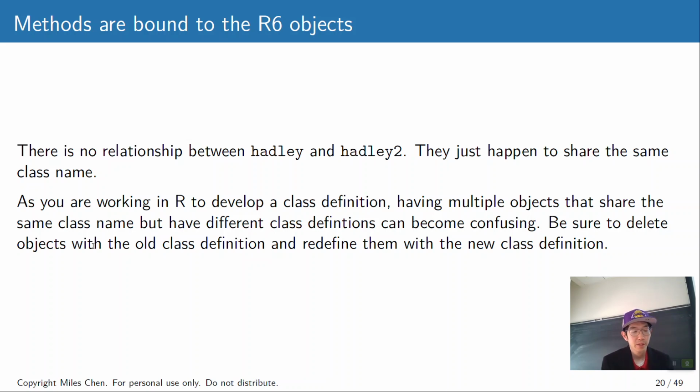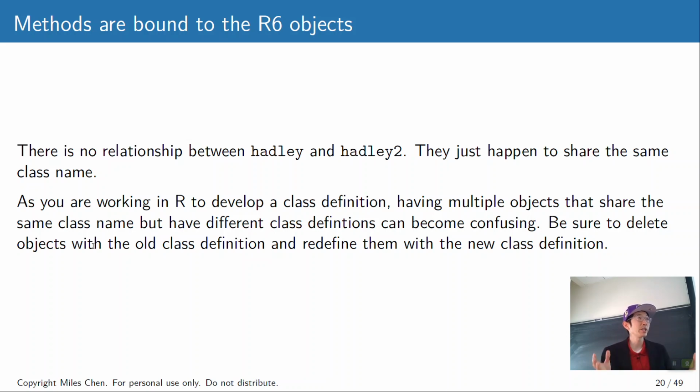One thing to keep in mind is that if you are developing a class definition, it can be confusing if you create a class name and then later on update it. So anytime you update the definition of a class, it's probably a good idea to delete all of the objects that have the old class definition, so you don't get confused.